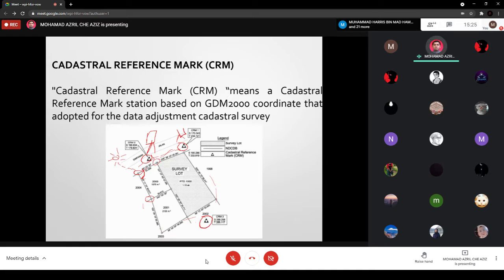So maybe you need to find another boundary mark, and check the angle in order to use the three boundary marks. With the new datum to start a survey, the CRM point, that is what the surveyor can use to start the survey without difficulty.